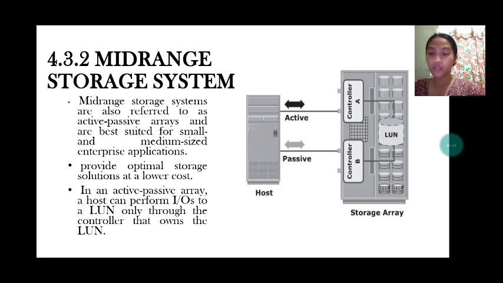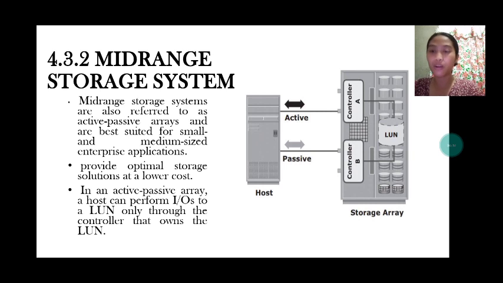Mid-range storage systems are typically designed with two controllers, each of which contains host interfaces, cache, RAID controllers, and interface to disk drive. Mid-range arrays are designed to meet the requirements of small and medium enterprise applications. Therefore, they host less storage capacity and cache than high-end storage systems.